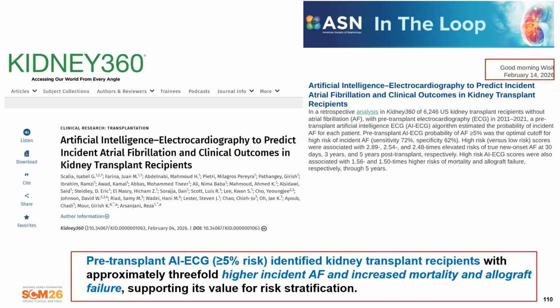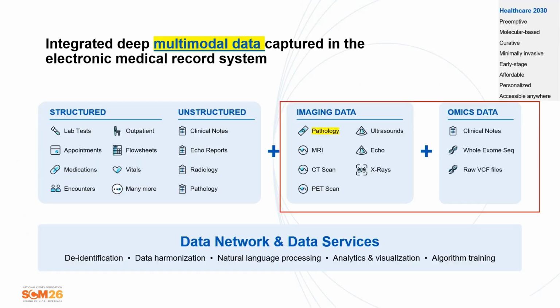So this has been shown in Kidney360, that EKG AI is really helping our kidney transplant population, identifying those patients that may develop atrial fibrillation after kidney transplant, which may result in poor allograft outcome.